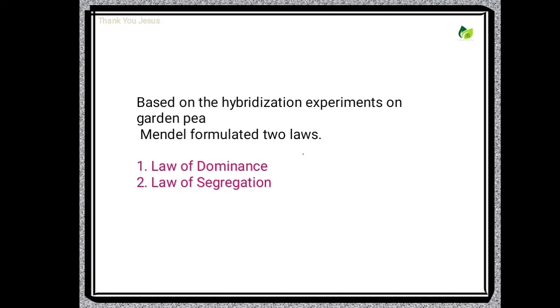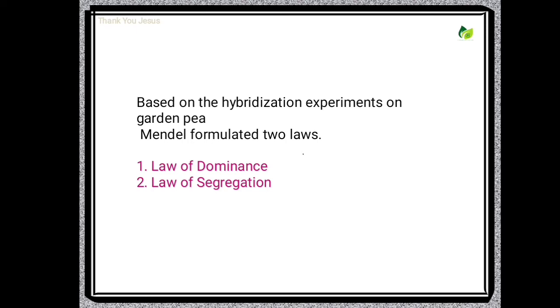Based on the hybridization experiments on garden pea, Mendel formulated two laws. Actually, three laws are there, but according to the monohybrid cross, we are going to discuss only two laws. In the next video, I will definitely upload the dihybrid cross and also the third law of Mendelian inheritance.